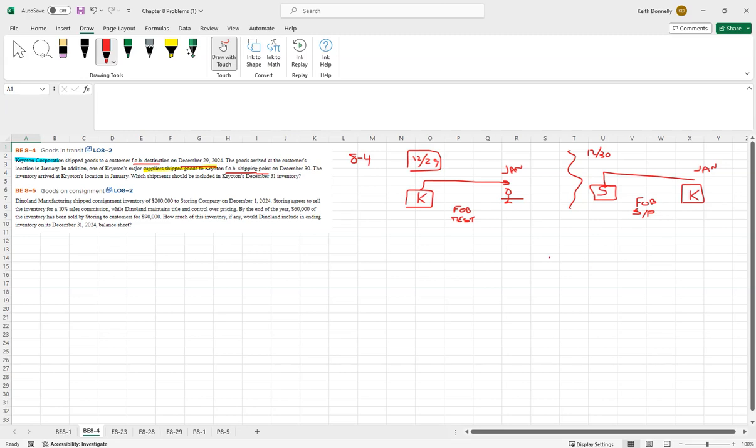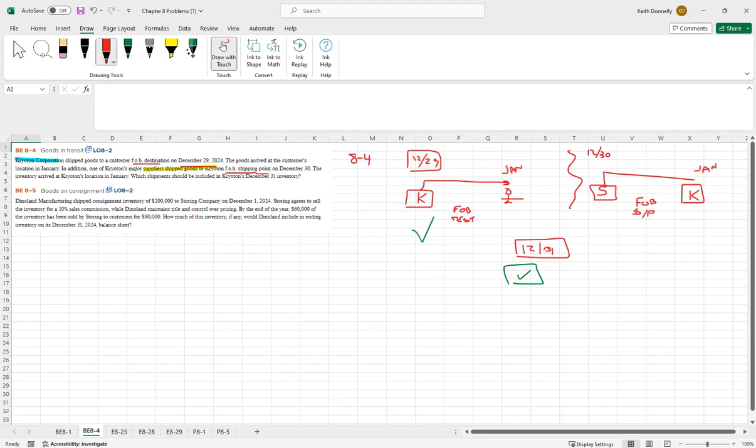Accordingly, if we're at 12/31, because it hasn't reached the new person, it hasn't satisfied FOB destination. Therefore, legal title hasn't transferred. Because legal title hasn't transferred, it's still ours. So that inventory is still going to be ours on the 12/31 financial statement.